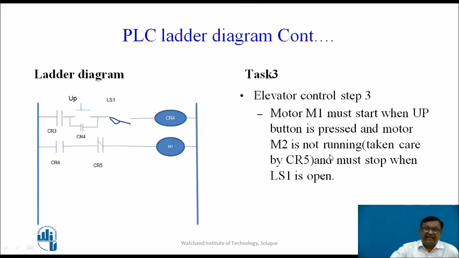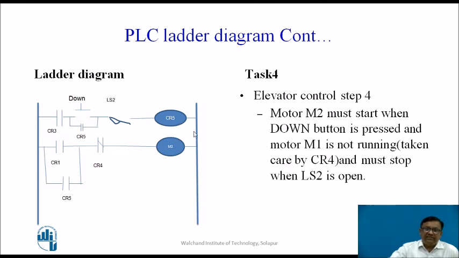That is taken care of by CR5. Here CR4 is a latching operation, this is CR3 from the previous step, this is limit switch 1, and it must stop when LS1 is open. So when the object has reached the top, the motor should be stopped.